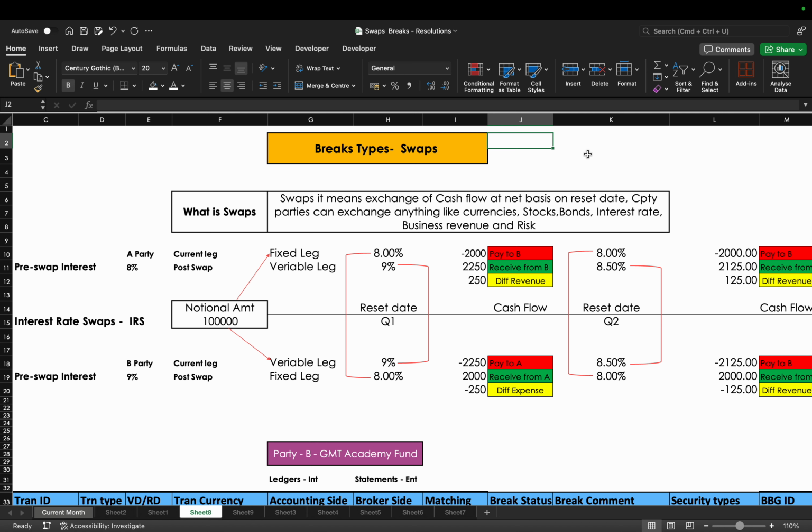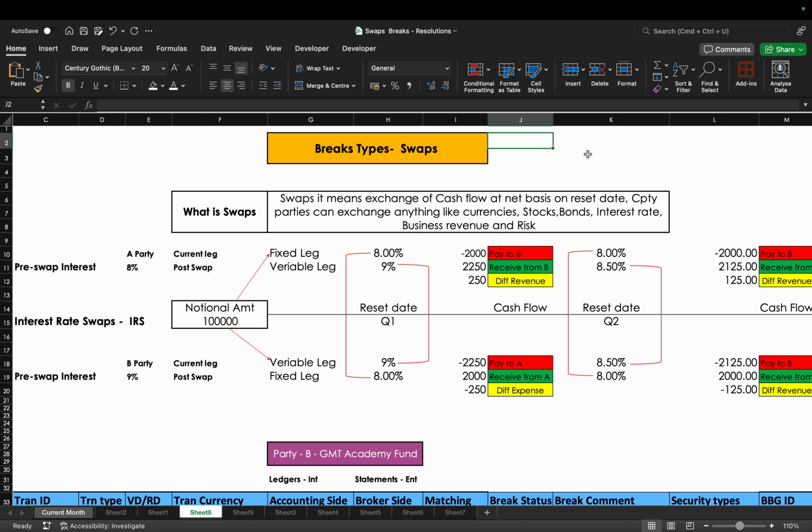First thing is why we would do it. The reason is, if you feel as a counterparty that your interest rate is not reasonable, and you want to exchange with another counterparty, then you can look for an exchange. The same applies to the other counterparty, or vice versa. The reason is very simple.